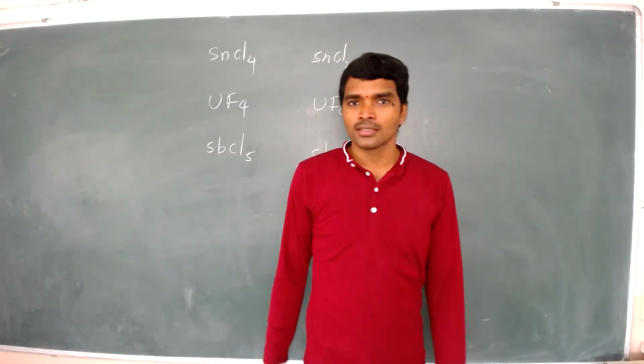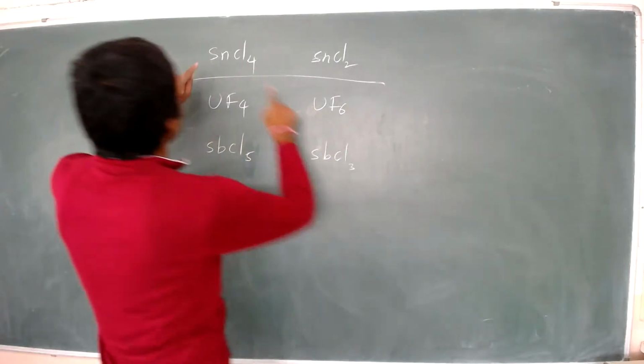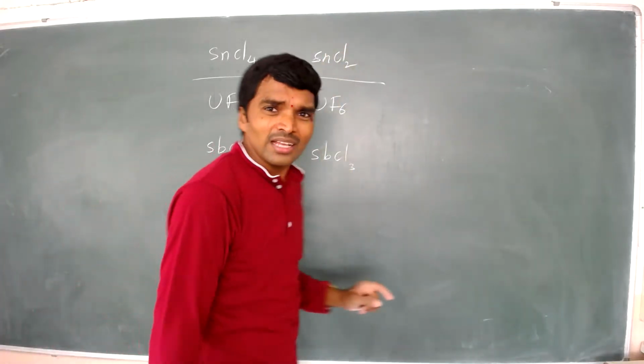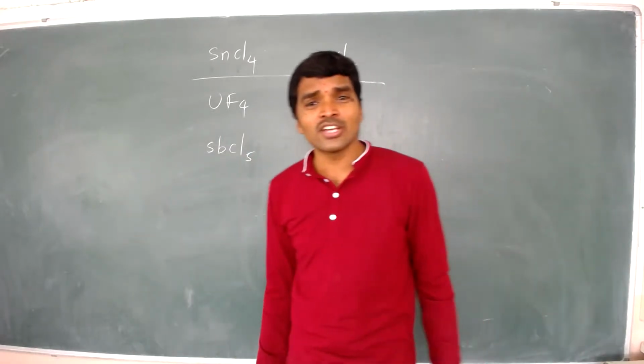I have taken these examples. Now see, sir, tin, both are chlorine only. Then how can we say ionic nature? Then how can we say covalent nature?